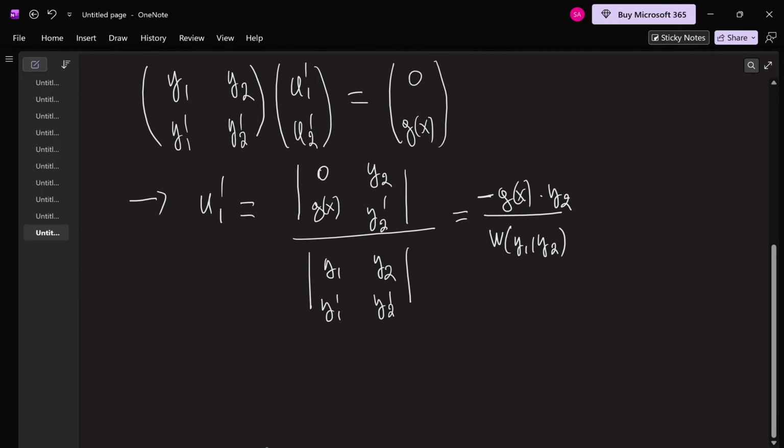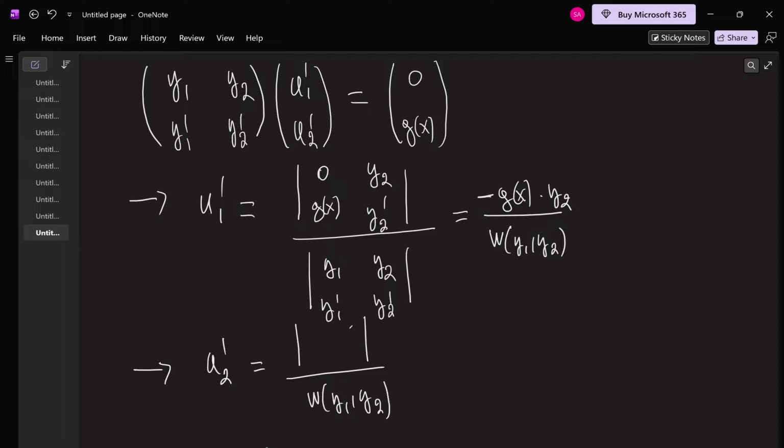So this is u1 prime, and now u2 prime in the same way. I will write here the Wronskian y1, y2, then we replace the second column with 0 and g, and here we put y1 prime.